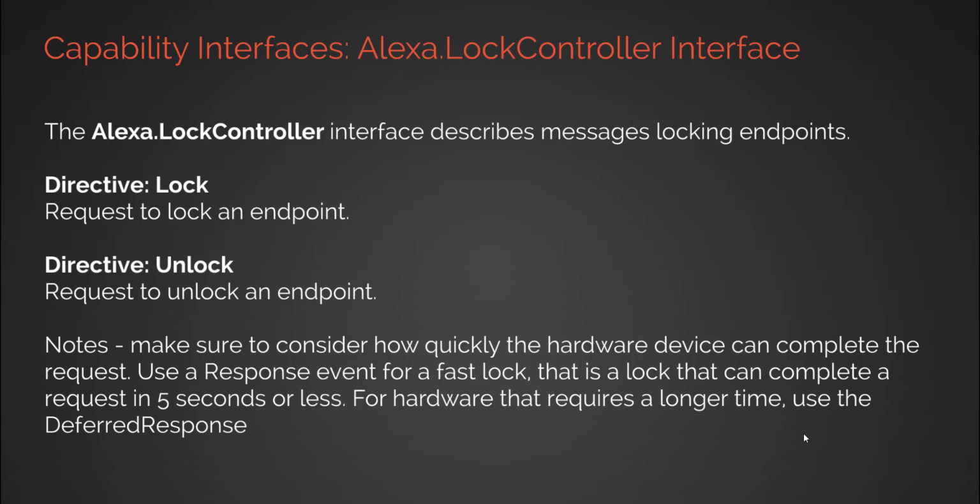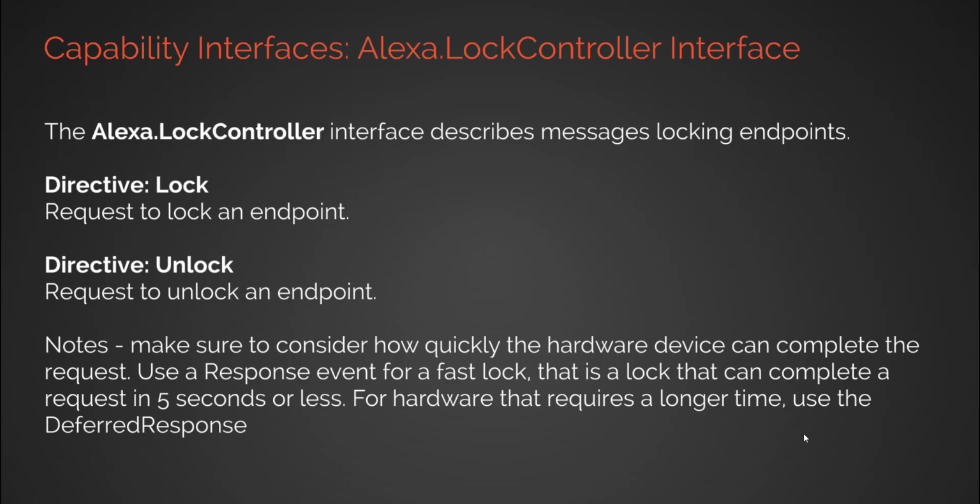One of the things that you'll note in the documentation as you're looking through it is that you do have to take into consideration how quickly a hardware device can complete the request. Obviously, things that do not require a lot of computation happen rather quickly, with good signal, network bandwidth, latency, all of those types of things.